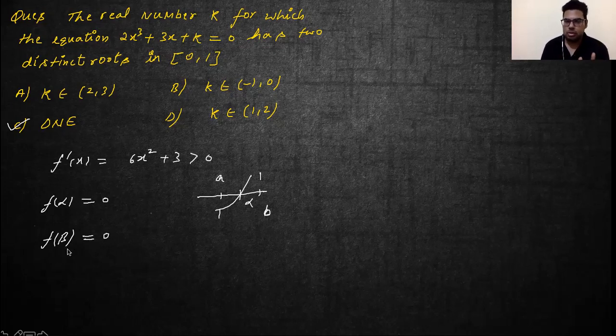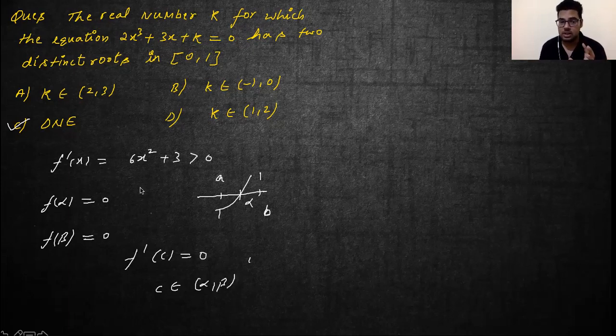If it has two roots, alpha and beta, then according to Rolle's theorem, there has to be some c between alpha and beta where f dash c equals 0. But f dash x is always positive, so there will not exist any c for which f dash c will be equal to 0. So the assumption that beta is another root is absolutely wrong.